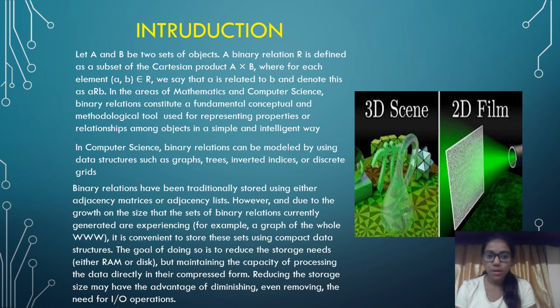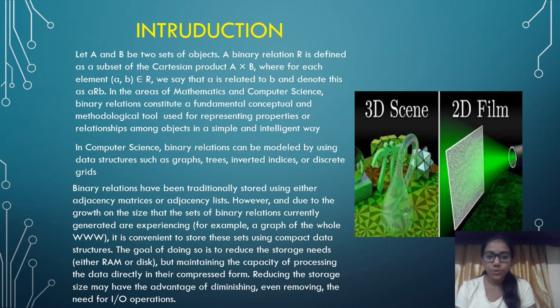In computer science, binary relations can be modeled by using data structures such as graphs, trees, inverted indices, or discrete grids. Binary relations have been traditionally stored using either adjacency matrices or adjacency lists. However, due to the growth in the size of the sets of binary relations concurrently generated, for example, a graph of the old WWW, it is convenient to store these sets using compact data structures.